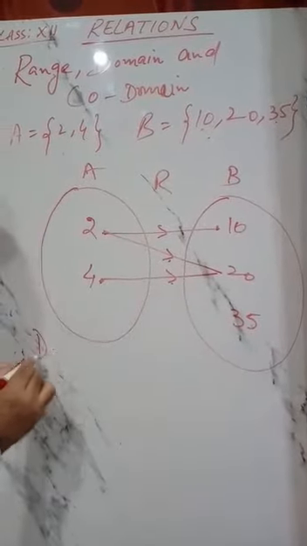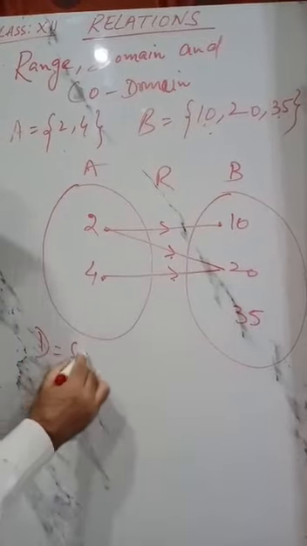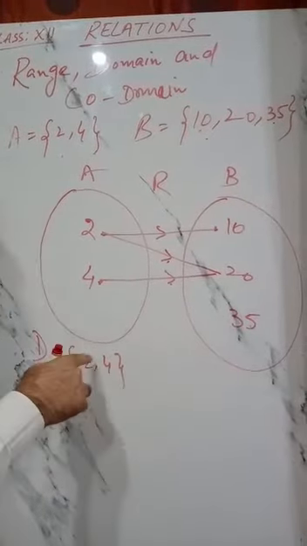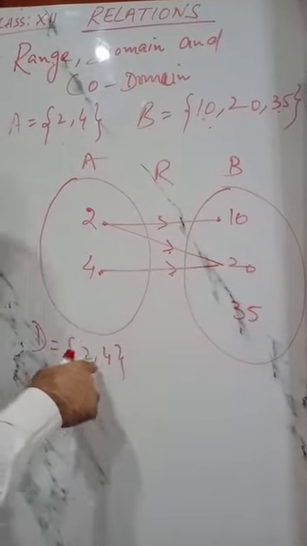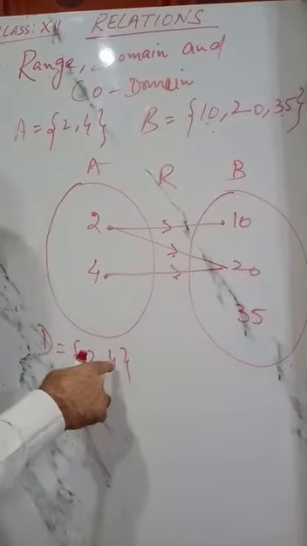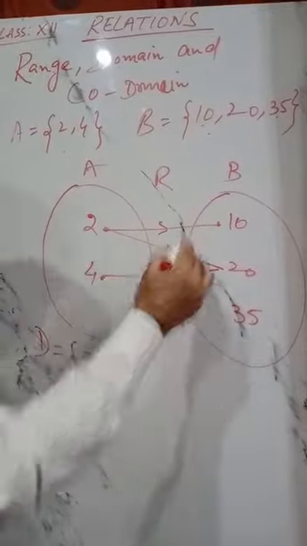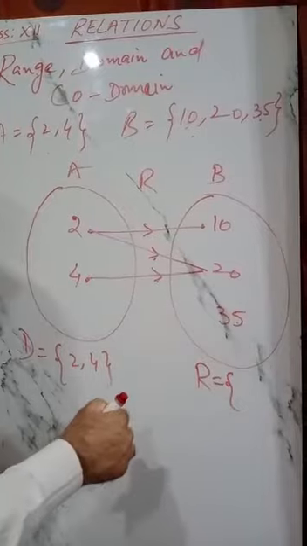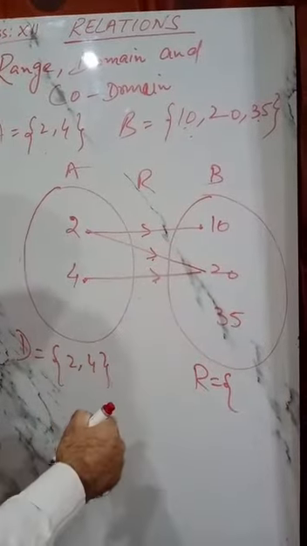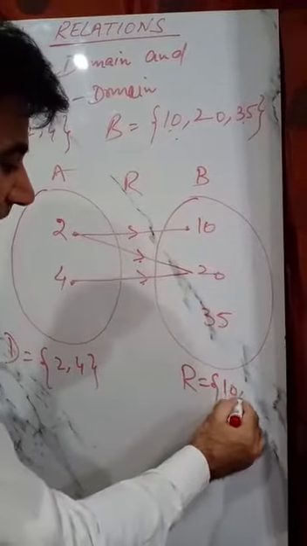So the domain is set A, that is 2, 4, because it is the set of all the first elements in the ordered pairs of a relation. Range is the set of all the second elements in the ordered pairs, 10 and 20.